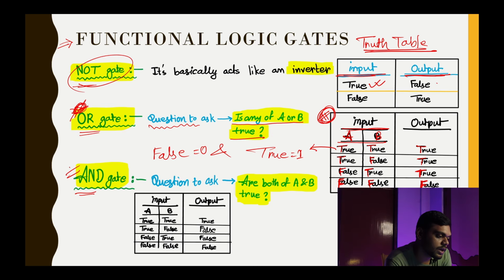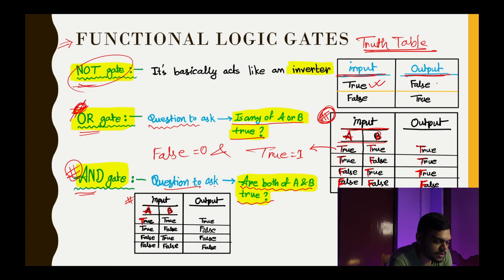Now we are talking about the AND gate. The AND gate has its own question to ask. Are both of A and B true? Okay, are both of A and B true? Let's jump into the examples. We have two inputs, A and B, similar to the OR gate.